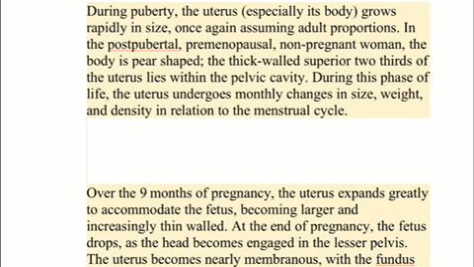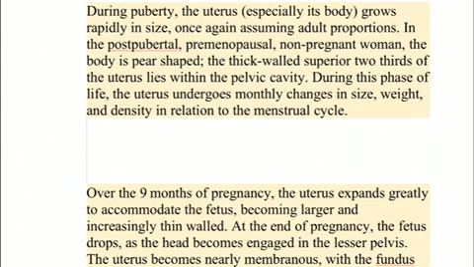At this phase of life, the uterus undergoes monthly changes in size, weight, and density in relation to the menstrual cycle. Then, in the course of the 9 months of pregnancy, the uterus expands greatly to accommodate the fetus. The uterus becomes larger and increasingly thin-walled.